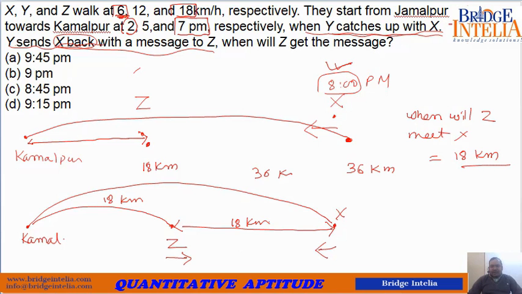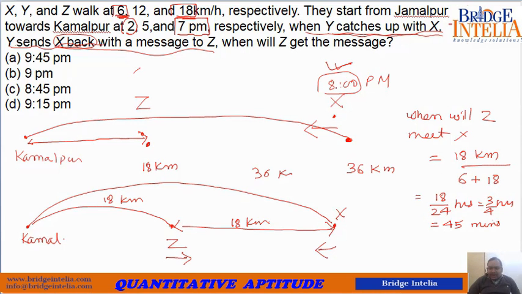So X and Z are helping. So 6 plus 18, they are going to take 18 by 24 hours. That is 3 by 4 hours, which is equal to 45 minutes. So Z requires 45 more minutes to meet X.